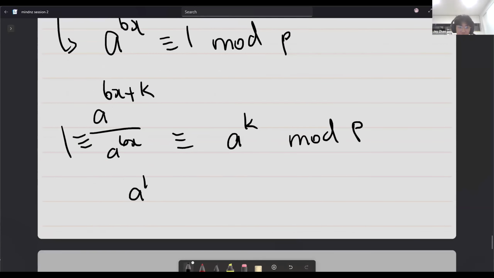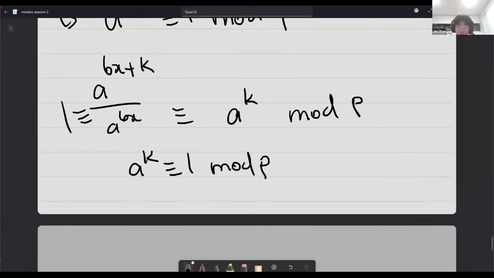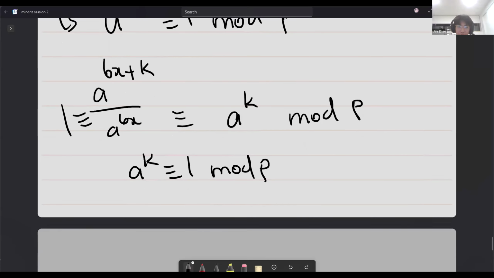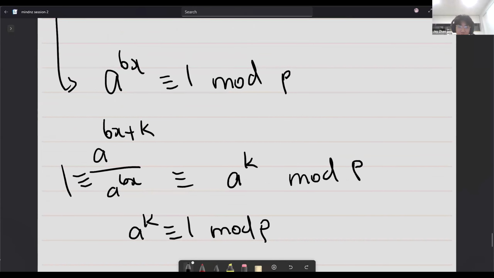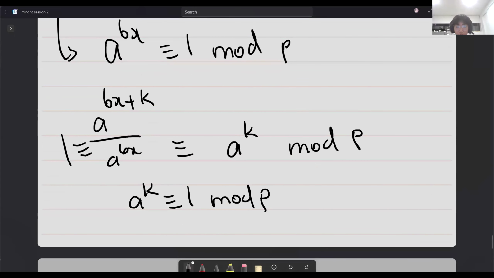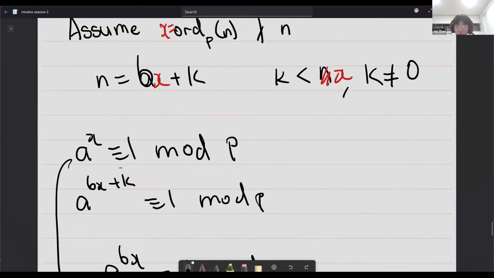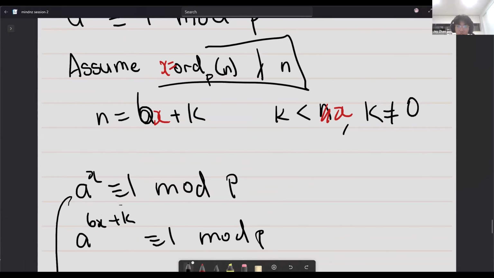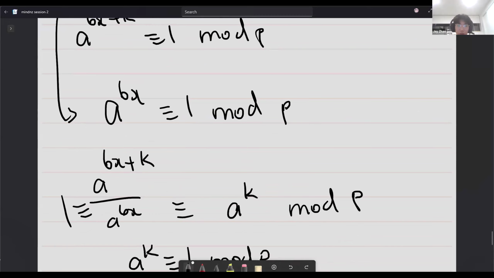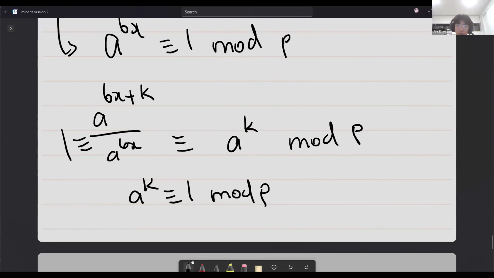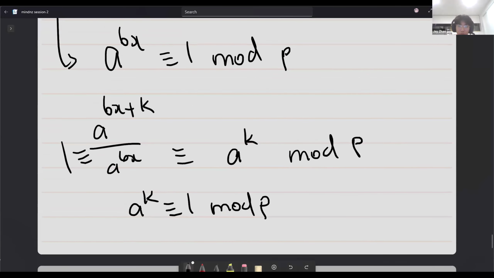So a to the k is equal to 1 mod p, but this is a contradiction, because k is smaller than the order, and that's not possible because we defined the order to be the smallest power where a to the power of it was congruent to 1.